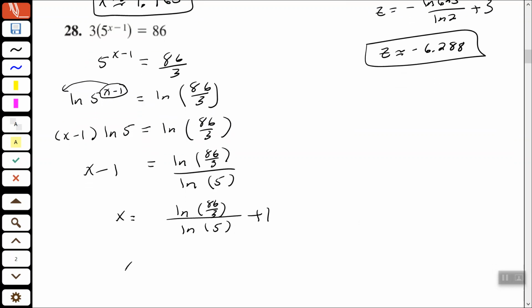And then calculate that in the calculator. And you get an approximation of 3.085.